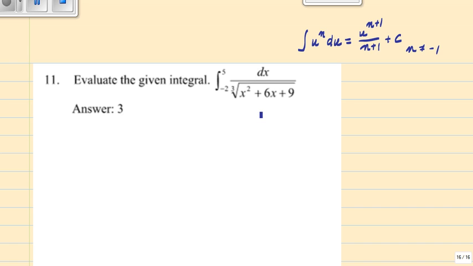So the next thing, before we go to substitution, we want to see if there's anything that we can do as far as algebra goes, and we examine the radicand, and we see that this is nothing different than x plus 3 squared, and that is equal to x squared plus 6x plus 9.